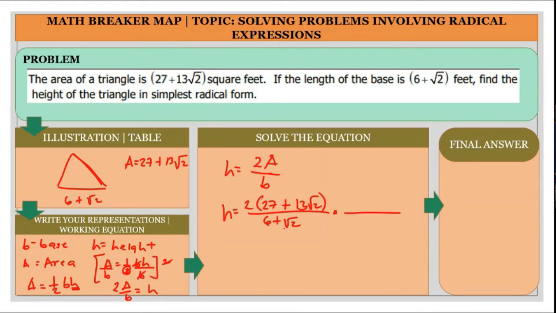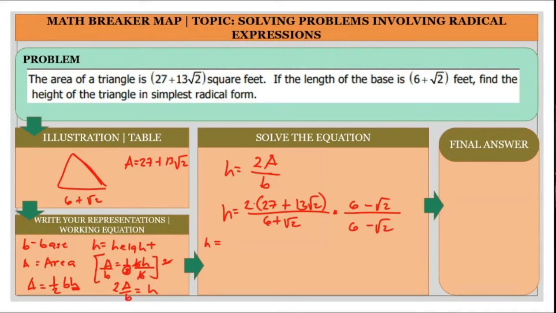The conjugate has the same terms, but the sign in between the two terms is the reverse of the sign in our denominator. Since it is plus, we will be using minus. So we multiply by 6 minus square root of 2 over 6 minus square root of 2.